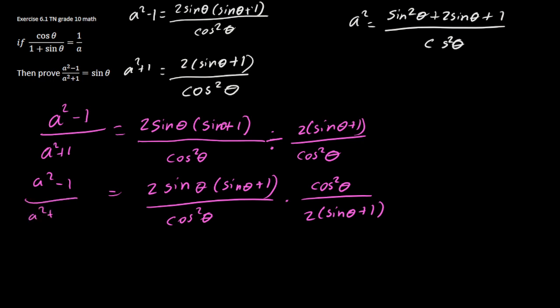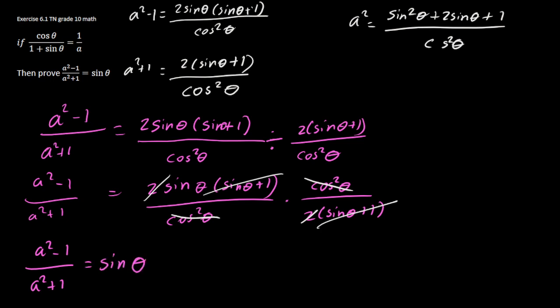So first we'll cross out the obvious: cos squared theta and cos squared theta get crossed out. Then we can cross out sine theta plus 1. And finally, we'll cross out the 2's. So we get left with a squared minus 1 over a squared plus 1 is equal to sine theta. And thus, it is proved.